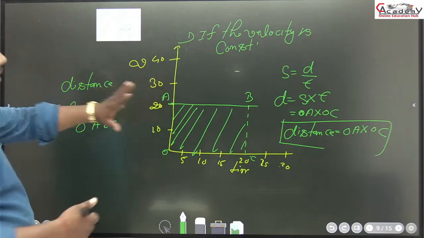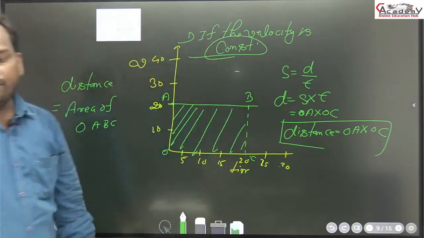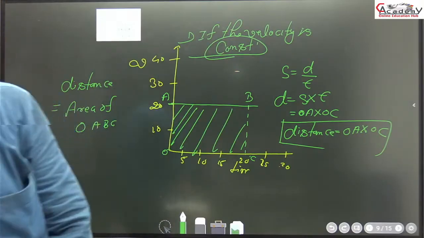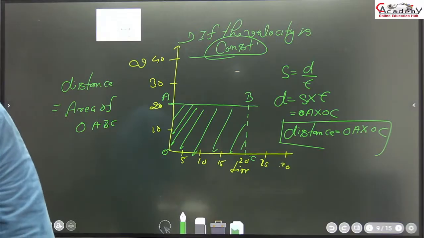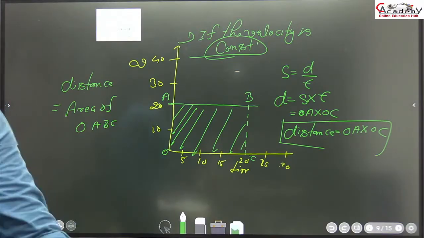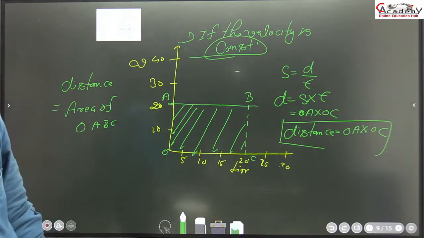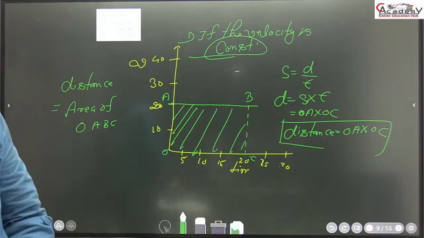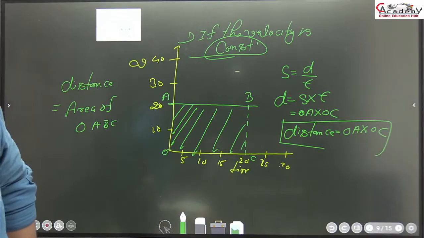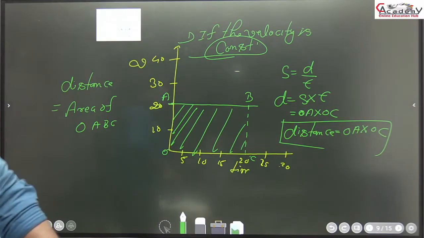This is the graphical representation when velocity is constant.